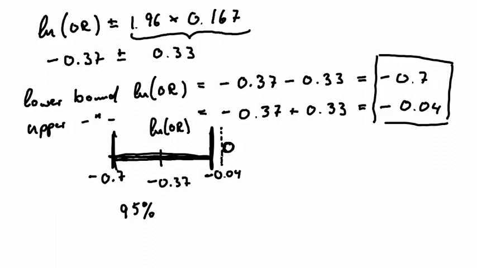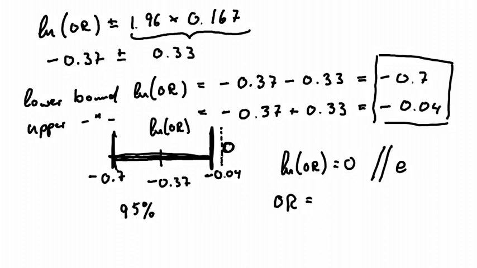But what does an ln odds ratio of 0 mean? Well, if the ln odds ratio is 0, we can convert that into the odds ratio, which is simply e to both sides. Then we've got the odds ratio equals e to the power of 0, and that would be 1. What does an odds ratio of 1 actually mean?